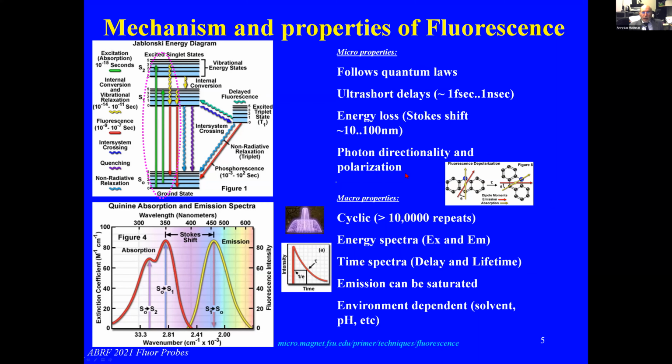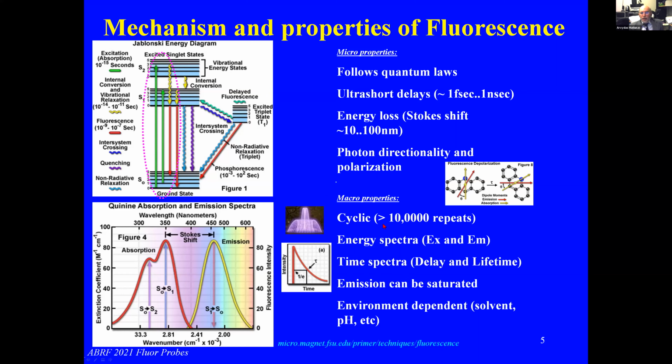Now, because practically we always deal not with a single molecule but with many of them, on a macroscopic scale we need to pay attention to the following properties. Fluorescence is a cyclic process, so it is like a continuous fountain.